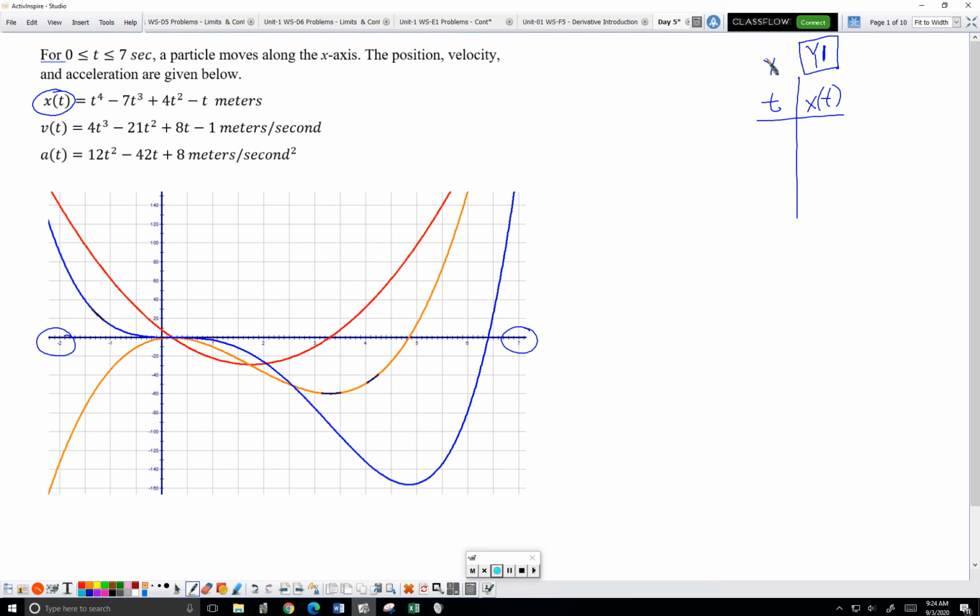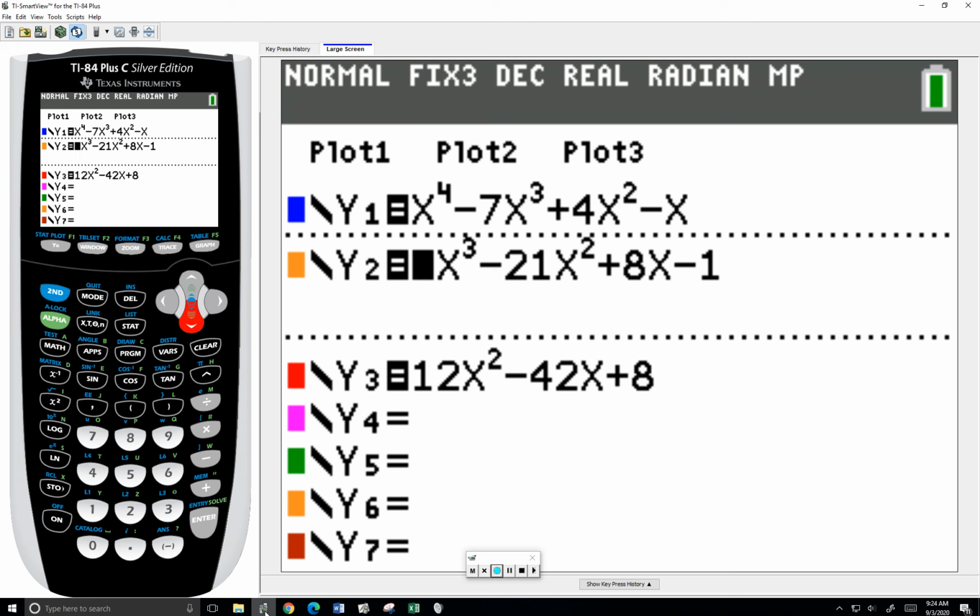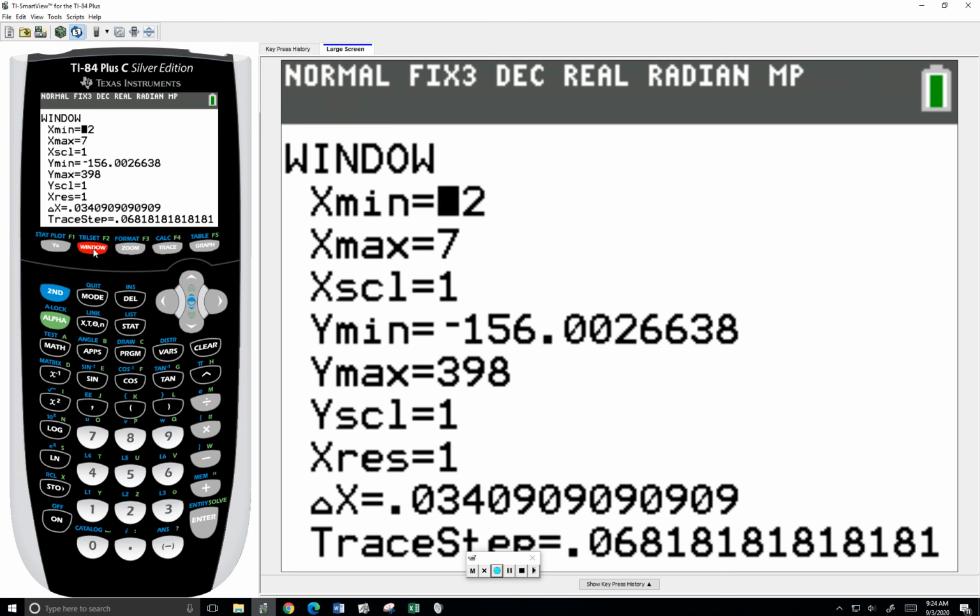Okay, back to the window. To get the right window, you get everything entered, then press the window key and choose x min, which again, is time in our example. So the minimum time is -2. The maximum time is 7. Don't change anything else. Let the calculator do that automatically.